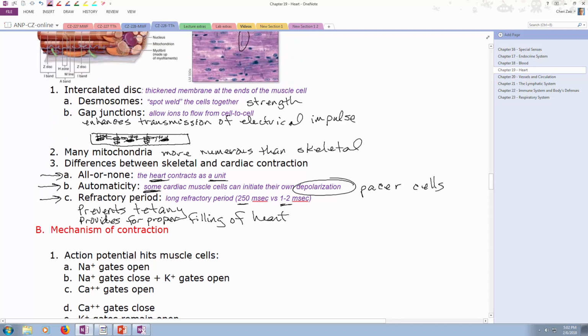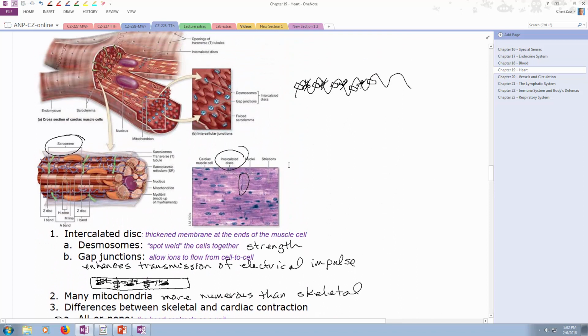The other thing that's not up here in the notes that I'm going to add to the notes is that heart muscle cells have lots of myoglobin. Do you know what myoglobin is for?